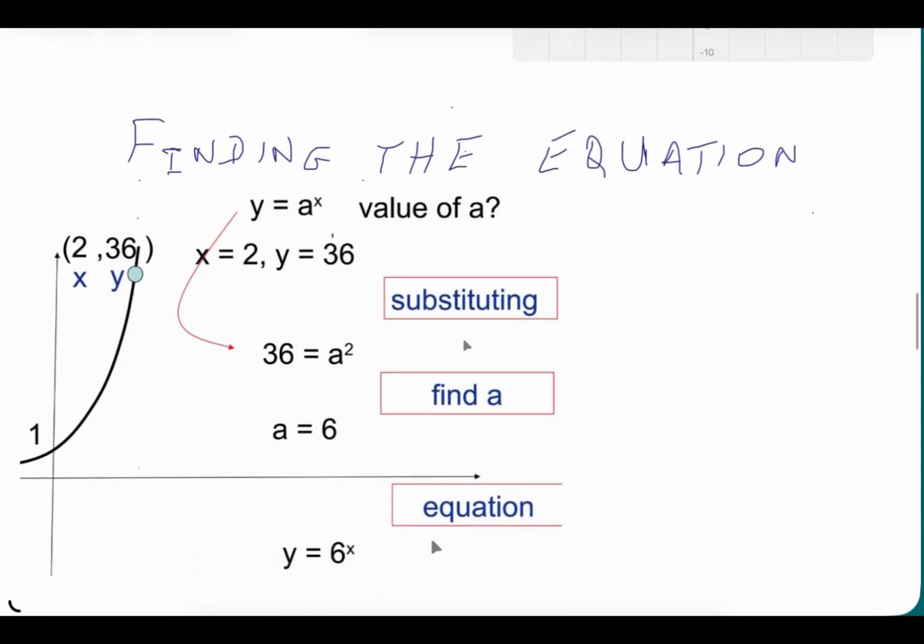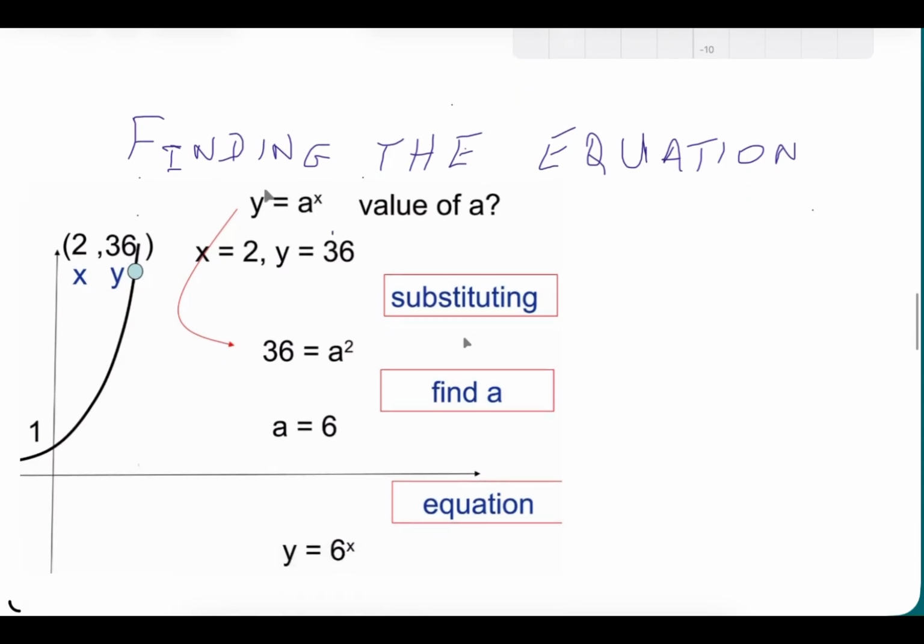Now sometimes you're given a graph and asked to find the equation of the exponential function. If you're given a couple of points on the graph, we want to use y equals a to the x and find the value of a. Here, when x is 2, y is 36.